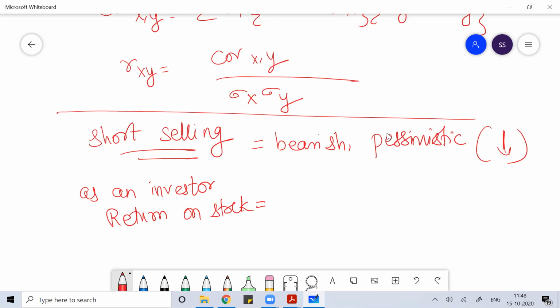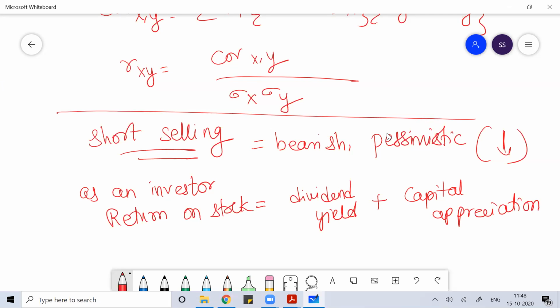That return on dividend is called dividend yield, plus the return on investment, which is called capital appreciation. Either you look for some value that the company will give you at the end of every period, that we call dividend.